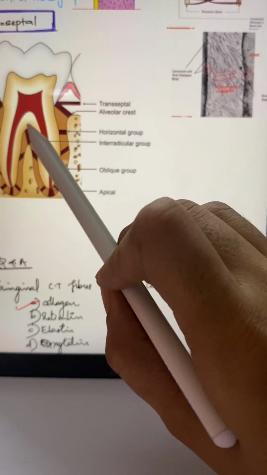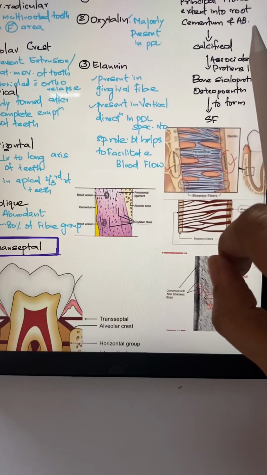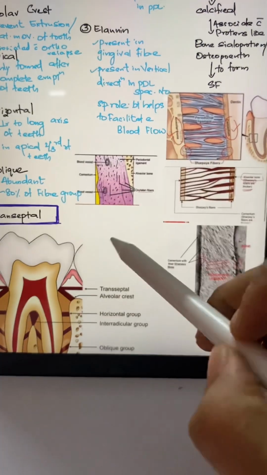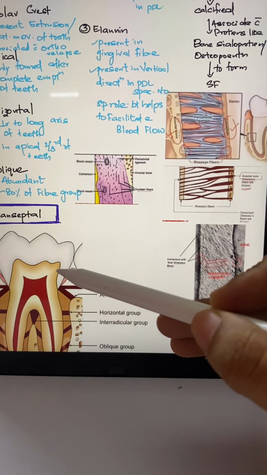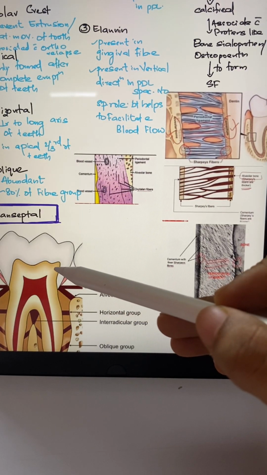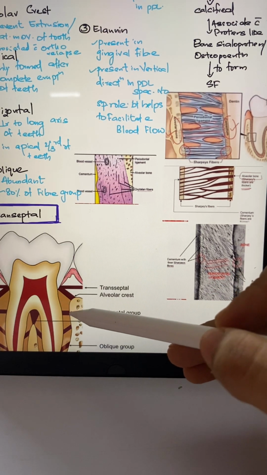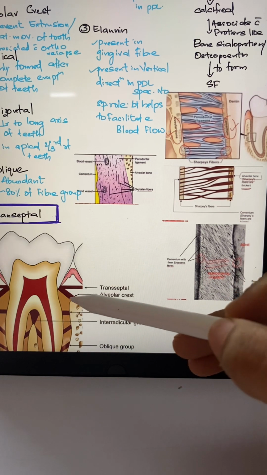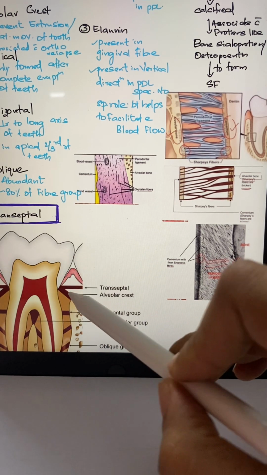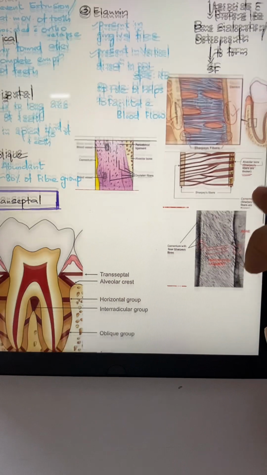And next is the alveolar crest group. It passes like this. This prevents the extrusion or lateral movement of the teeth, and these fibers are especially associated with orthodontic relapse. And next is apical fibers.